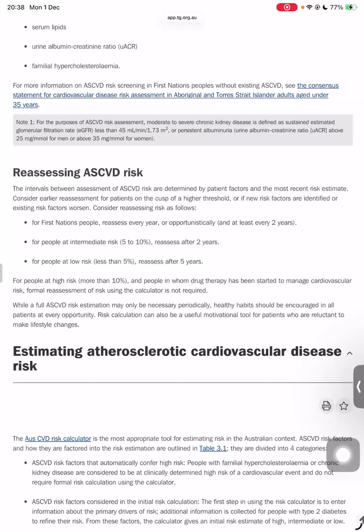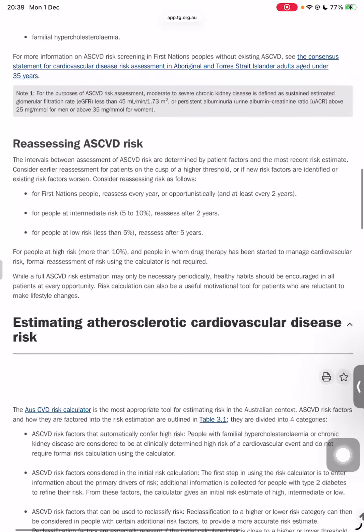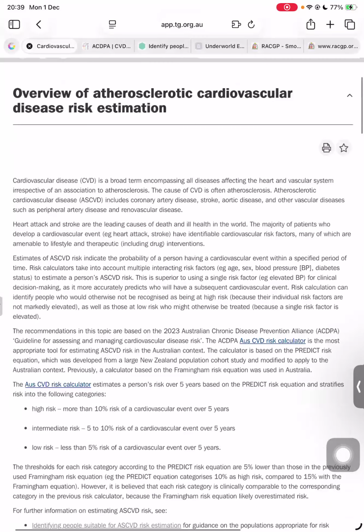In the high risk group we are not doing it, because these patients are already starting drugs because of the high risk. That's all you have to remember in cardiovascular risk assessment.